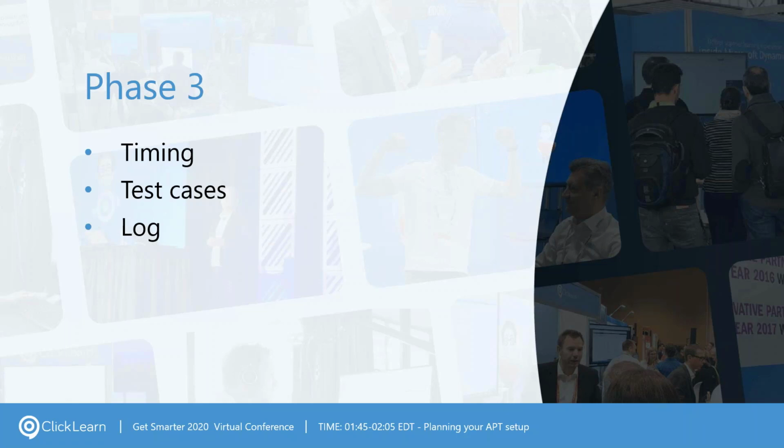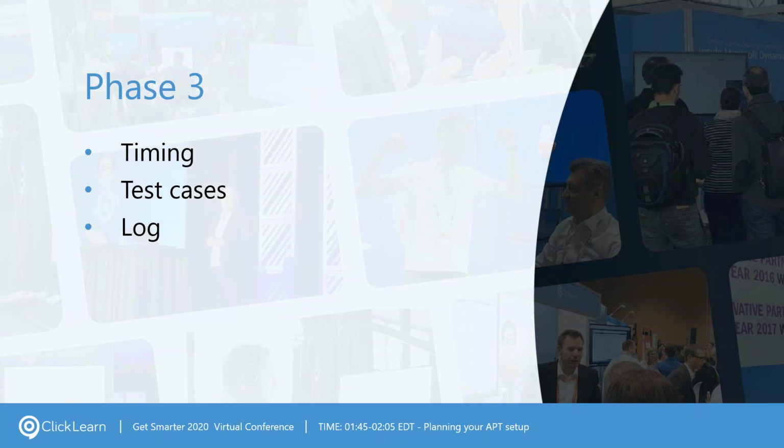Finally, in phase three, we touch base on some advanced topics about timing. That means when you have test cases where you have some actions that require more time to execute, or you have forms that are slow at starting up, you may need to tweak the timings within your recordings.